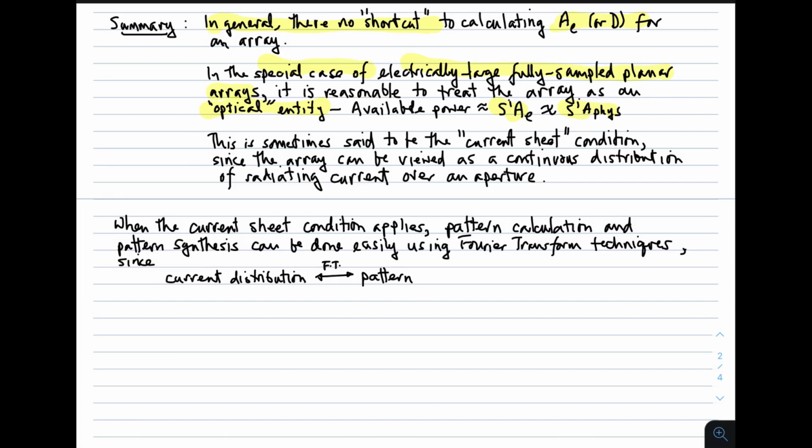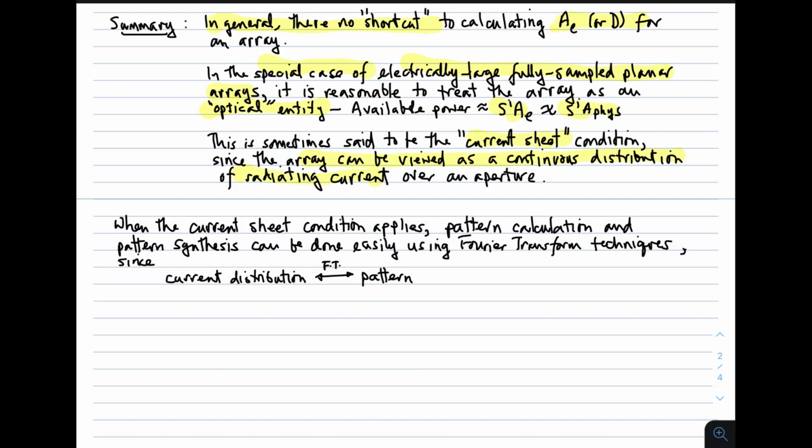Now, sometimes people refer to this case as being the current sheet condition. That's a confusing term because the word current sheet gets applied in other problems and to describe other specific conditions as well. But here, when we're referring to the current sheet, we're saying that the array can be viewed as a continuous distribution of radiating current.